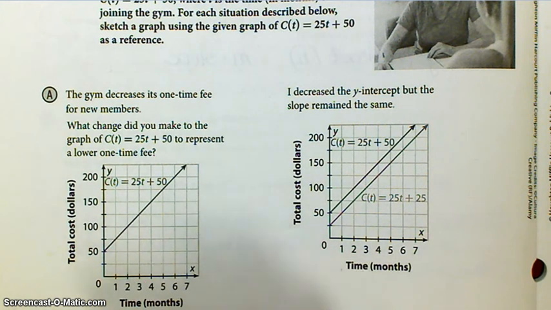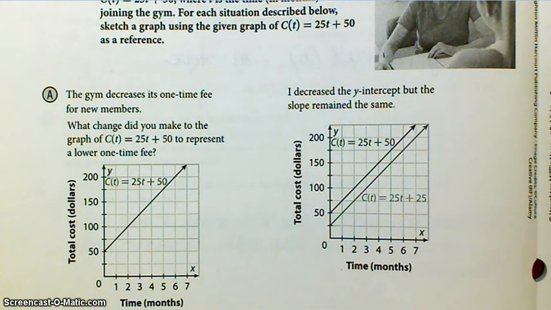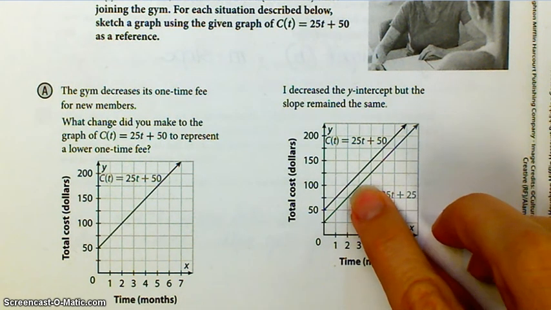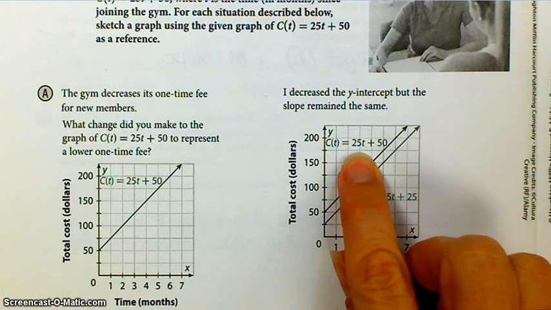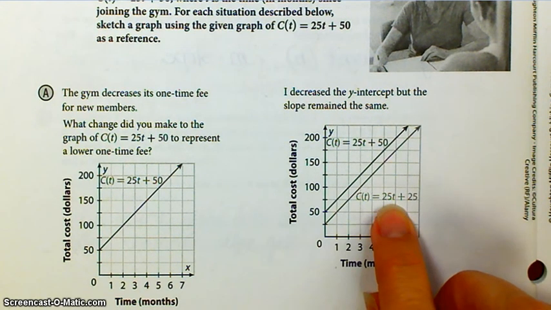The monthly fee of $25 a month stays the same, so the slope stays the same. But you would have a new line with a y-intercept at 25 rather than 50. So here is the original line, and here would be the new line if they decreased their one-time fee down to $25.